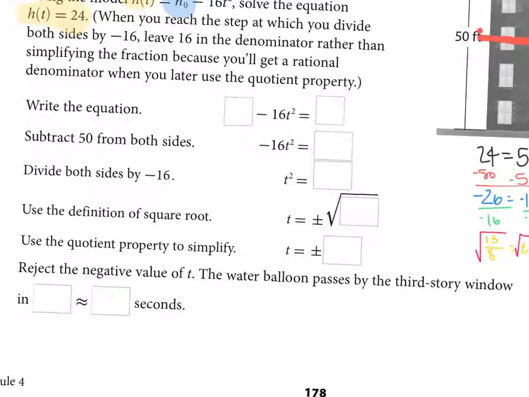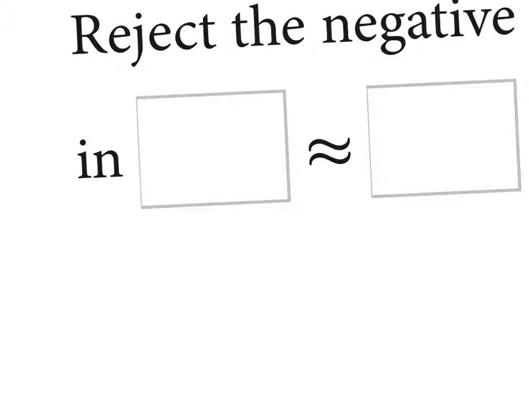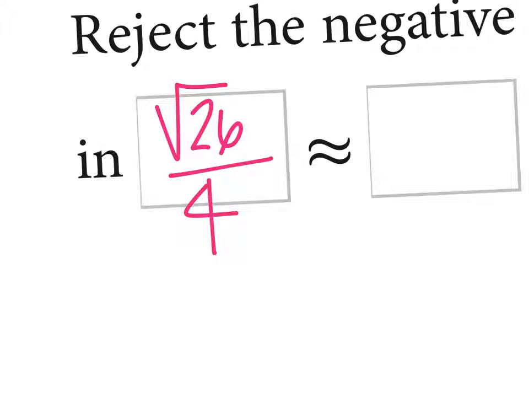We're only going to focus on the positive value, which was the positive square root of 26 over 4. And what is that? You have calculators. What is that? You do have those things. Maybe, maybe not. What number? It's a decimal, and it's not going to be a pretty decimal. 1.28 or 1.27 actually.